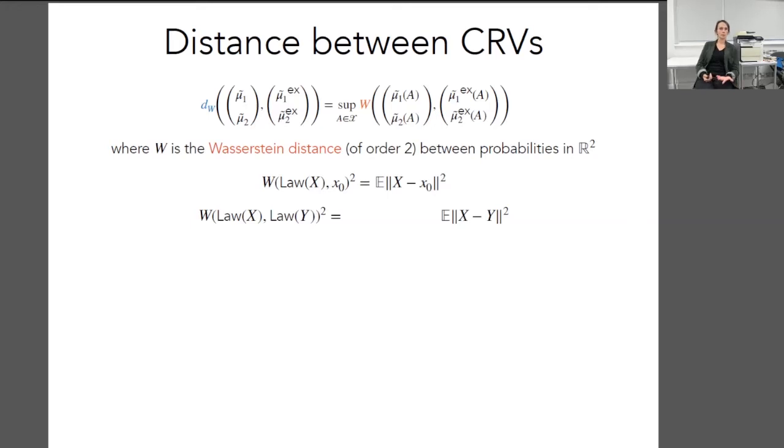Yet, in order to compute this expected value, you need a notion of dependence between X and Y. But since you're only given the laws of X and Y, you don't have a natural way to consider a dependence structure between X and Y. So what you do is simply take the infimum over all possible dependence structures between X and Y, which are usually called the couplings between the law of X and the law of Y.